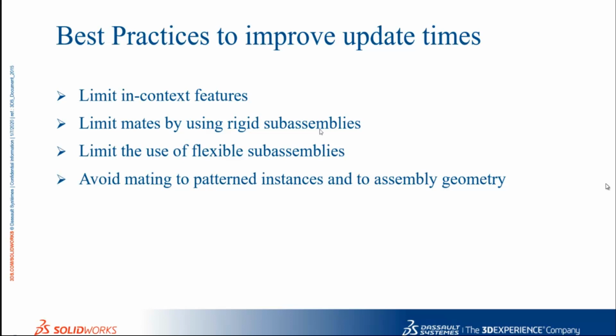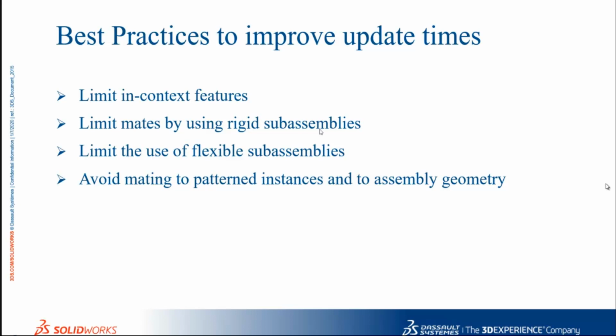Because if you have a flexible subassembly in a top level assembly, and you go and change something in the assembly, as you know the hierarchy, it also updates all the mates. It will calculate all the mates of that flexible subassembly, and then calculate the top level assembly mates, and all these background processes take a lot of time.